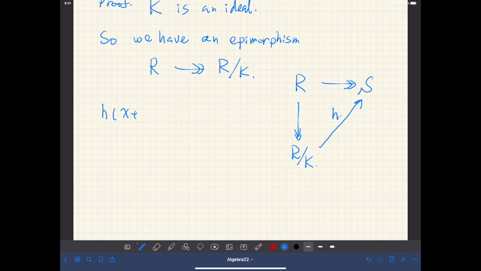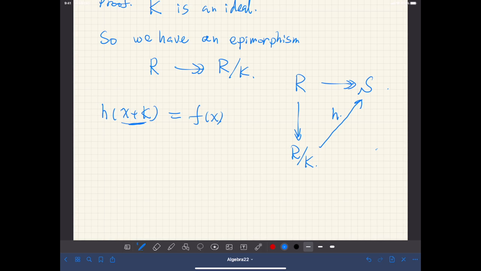Since R by K is a factor ring, its elements are of the form x plus K, and h of x plus K is defined to be f of x. We have seen this situation before in the first isomorphism theorem for groups.